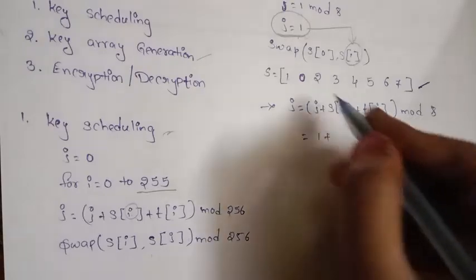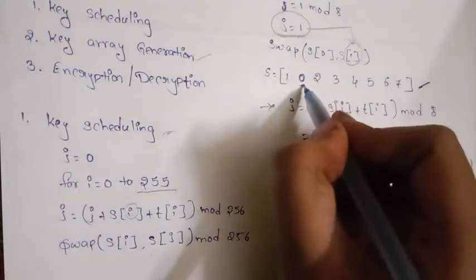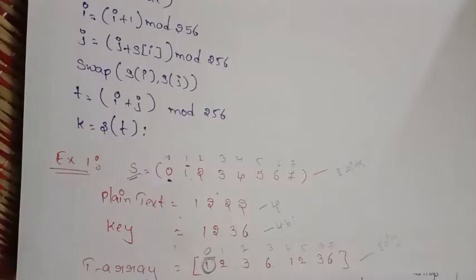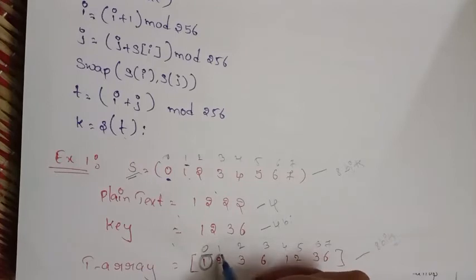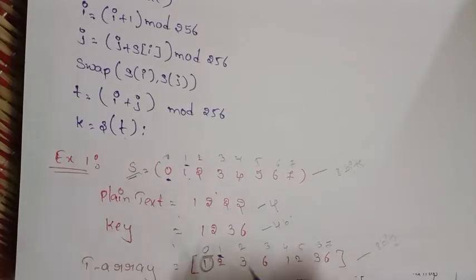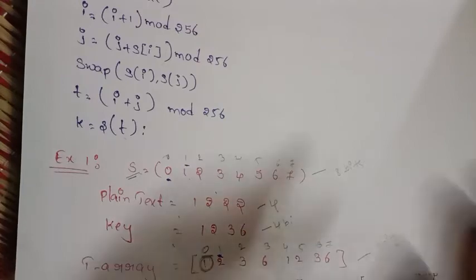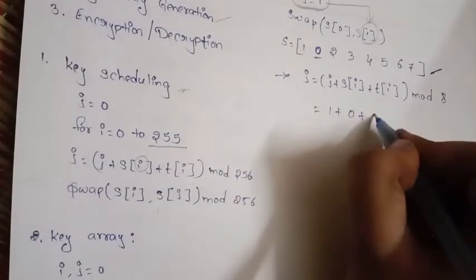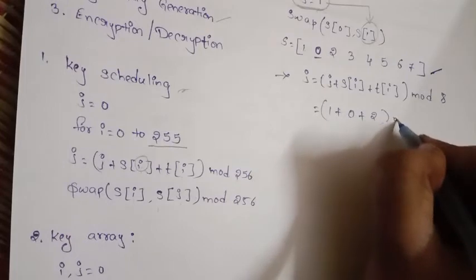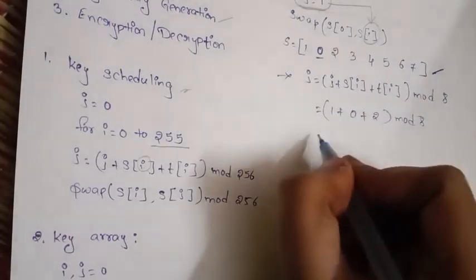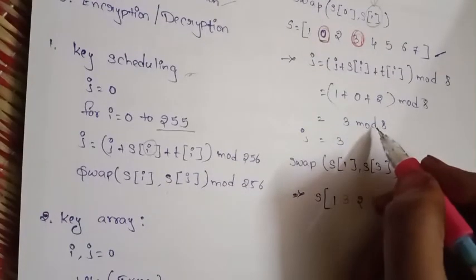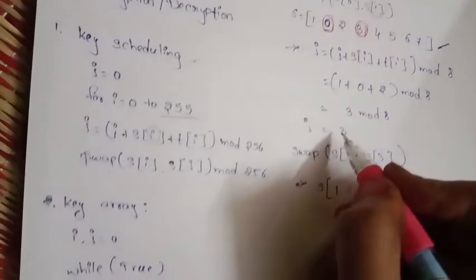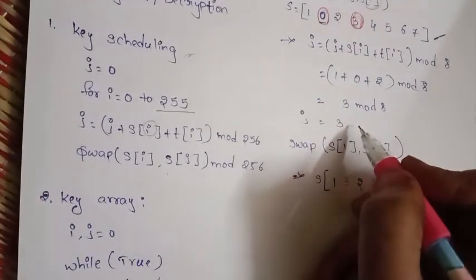I value is now increased, that means 1. T of I value, in place of I we now have 1. So T of 1 is 2. Place it here, guys. Now mod 8. Then 3 mod 8, and 3 mod 8 is 3.